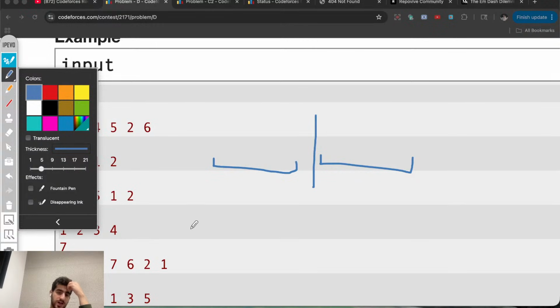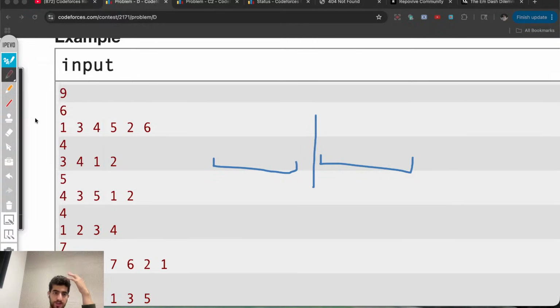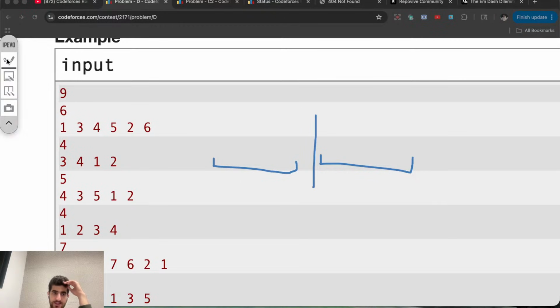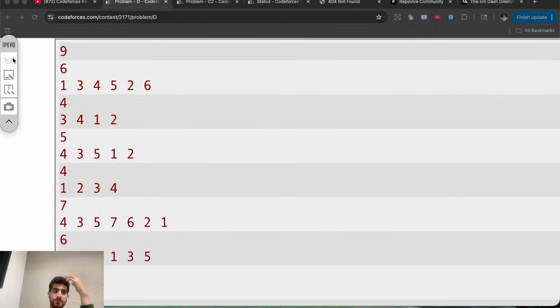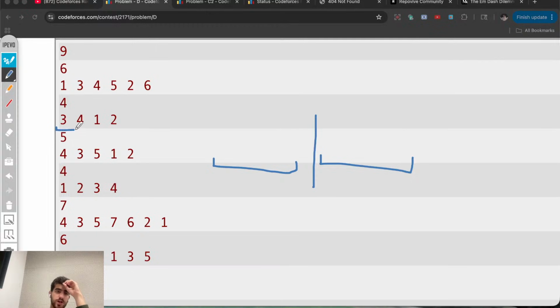So what I have in mind, my intuition when I look at it, is that at the end, if we take a look at each example, for example, in the first example, my connected intervals are this and this. In the second example, 4 will be connected to this 5, 3 will be connected to this 5, 1 will be connected to this 2. So our connected components will be like this and this.